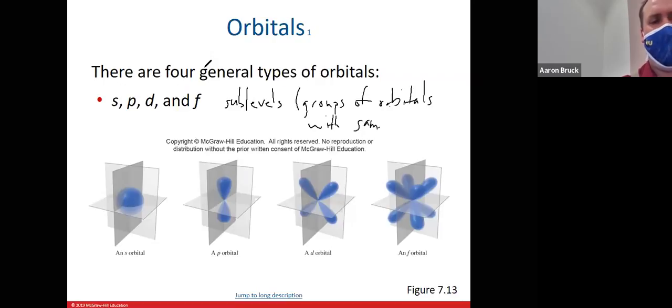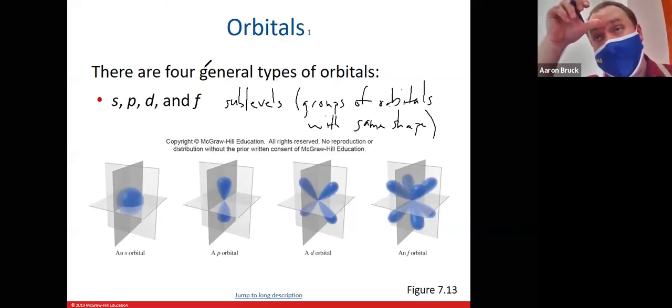A sublevel is a group of orbitals that have the same shape in a given energy level.